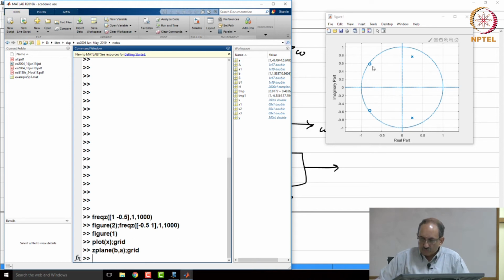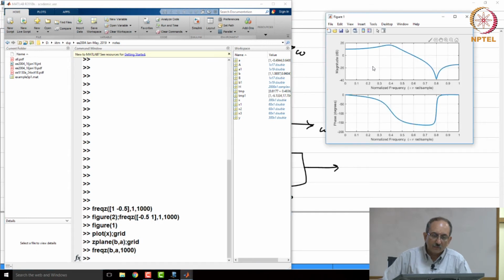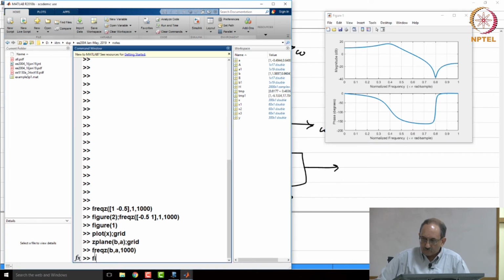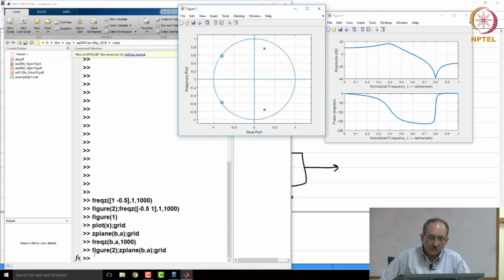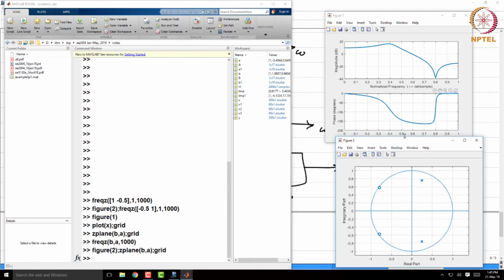And sure enough, if you plot the frequency response of this system, so this is what the frequency response is. Pole 0 plot and the corresponding frequency response. So, around this region there is a peak and around this region there is a dip.